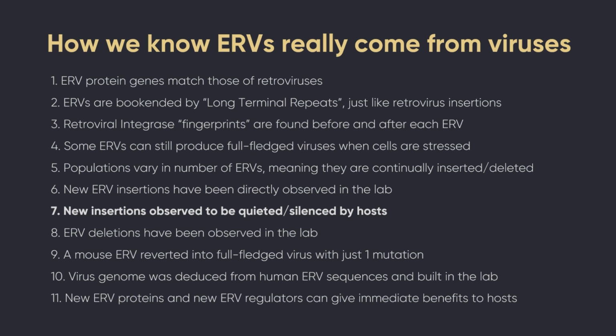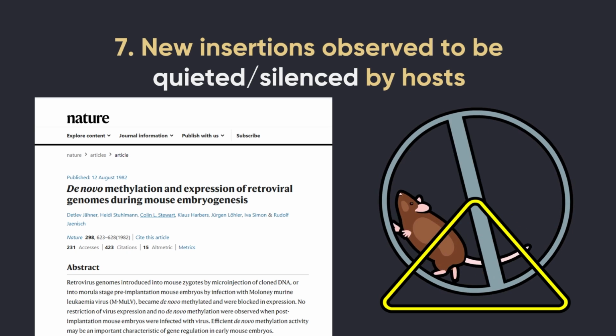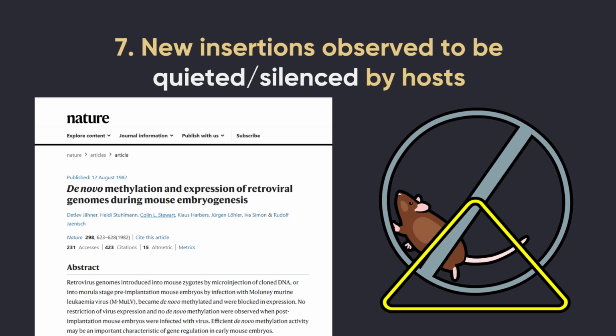Now, one of the doubts that people have when they first learn about ERVs is how could anything survive getting a virus permanently inserted into its genome? That's absurd. Well, we know that insertions are quieted by the enzymes of the cell. So cells can actually shut these viruses down early on, and that's been observed.